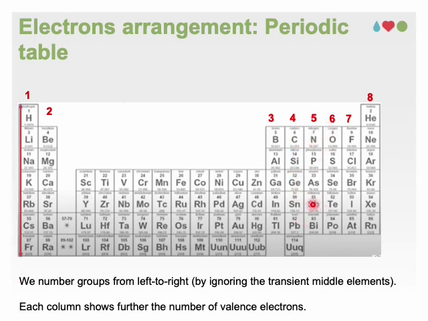For example, all elements in group 1 have one valence electron, and all elements in group 3 have 3 valence electrons. As an example, bromine has 7 valence electrons.